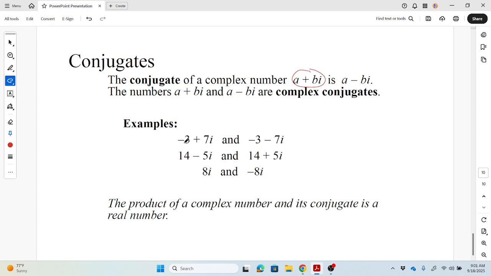So some examples: for -3 plus 7i, the conjugate is -3 -7i. The good thing about the conjugate is whenever you multiply a complex number and its conjugate, that multiplication always gives you a real number. So when you multiply these numbers, you are going to end up with a real number. That's why conjugates are important.